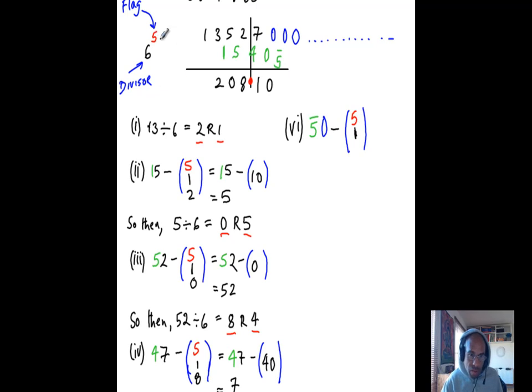The flag will consist of more than one digit, and so this black line is not just a single black line. It will become multiple black lines as we do multiple cross products, but at the moment it's just a single black line. So bear that in mind. So that 5 multiplied by what? That 0 here.